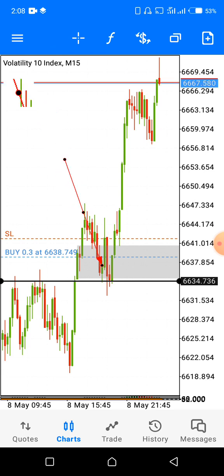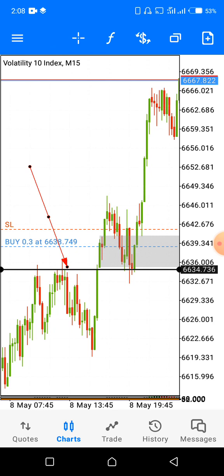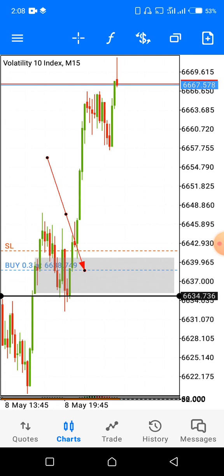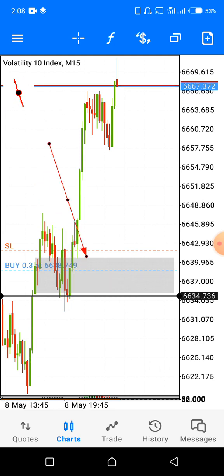Now, since I've gotten my resistance and support line, coupled with this base block, that's a rally base rally, I waited for the market to tap back into the zone as well as the support area. Then I took my buy.